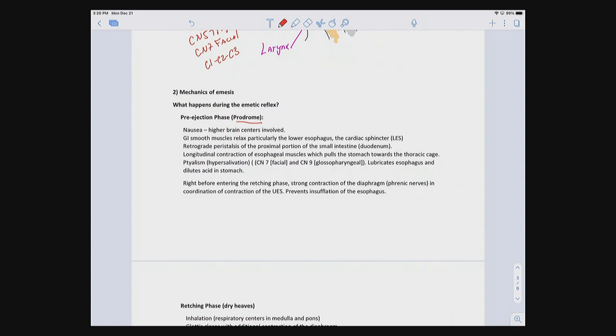And so some of the areas involved would be the insular cortex. We have the cingulate gyrus. And there are other areas of the brain as well, so we're just going to say etc. here. Also, the basal nuclei, I forgot to say that. Basal nuclei, we know these are involved.